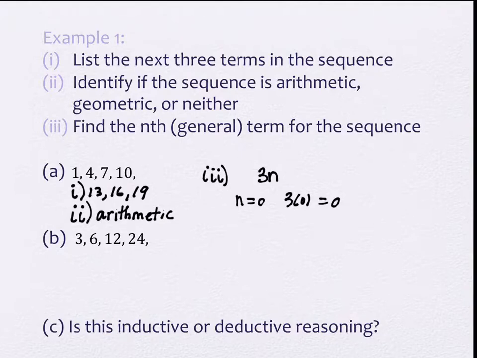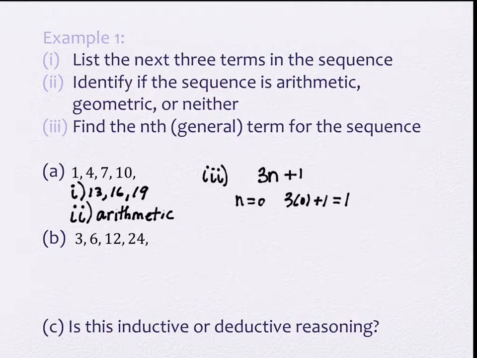Agreed? What's the first term? 1. It's 1. So all I have to do to fix the equation now to do what I want is to simply put a plus 1 on the end. So now, instead of 3 times 0, I have 3 times 0 plus 1, and what's my first term?